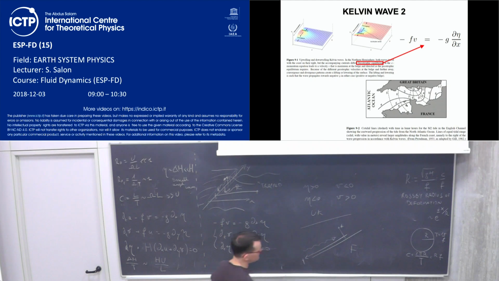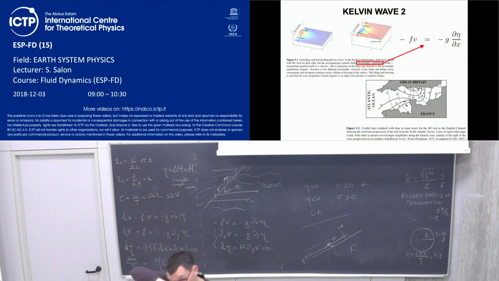Since we are in the northern hemisphere, Kelvin waves always travel with the coast on their right, which means they will travel in this direction, okay? V will be negative with respect to y. So we are in this case here, and so we have upwelling on the France coast.